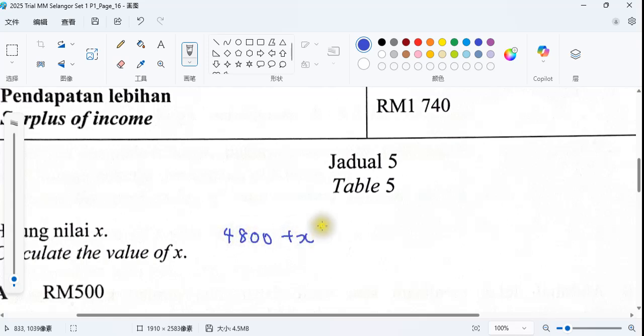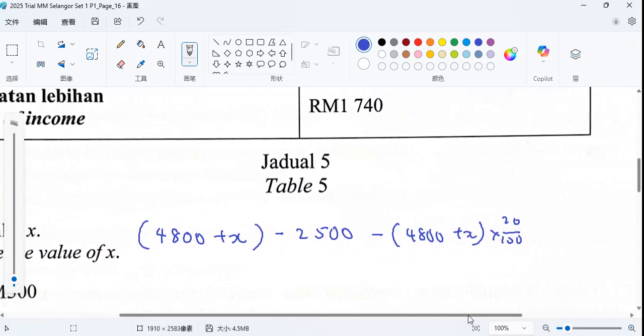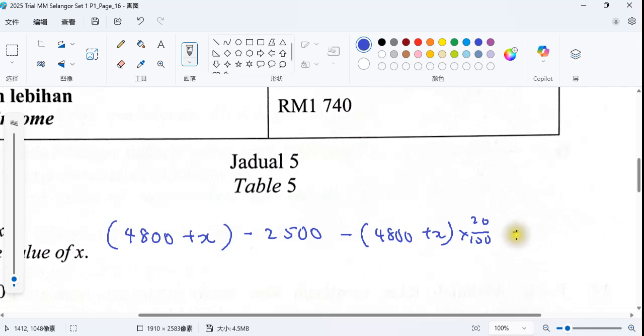Minus 2,005 is the fixed expenses. And then minus 4,800 plus X multiplied with 20%, is equal to 1,740.